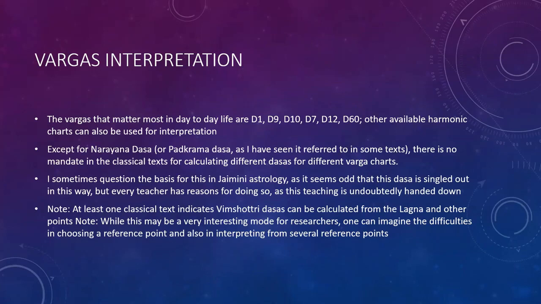It's interesting because when I look at things like Maheshvara, which is one of the deities applied to the D60 chart, that's Shiva. That's going to indicate change in a person's life.